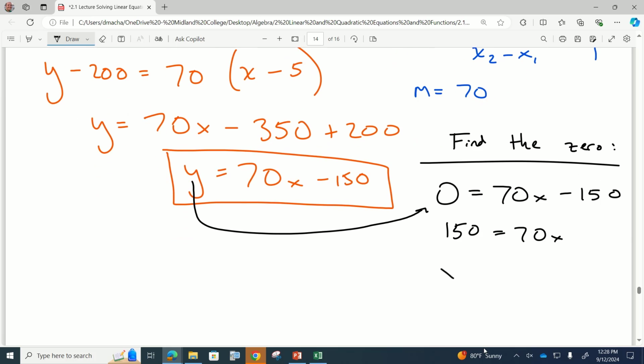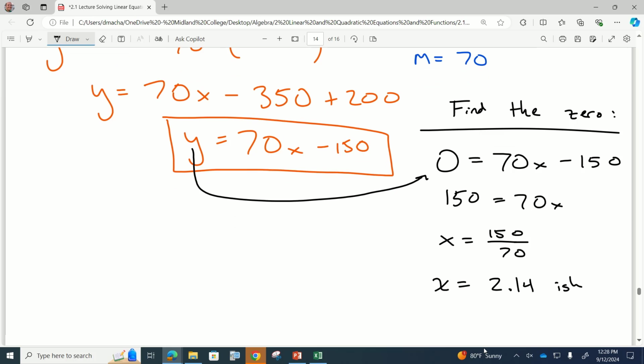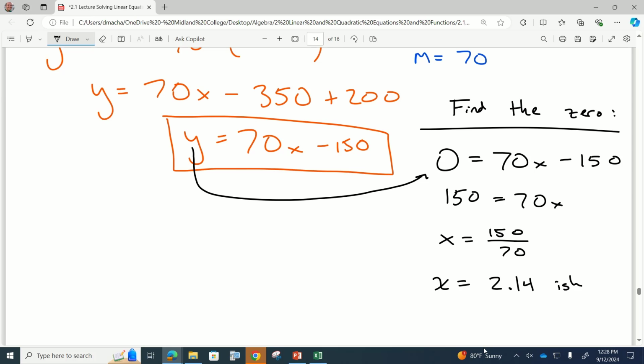And then I can take x equals 150 divided by 70, which is going to be 2.14-ish. That's what we call the 0, because it's the x value that makes the y value equal to 0.